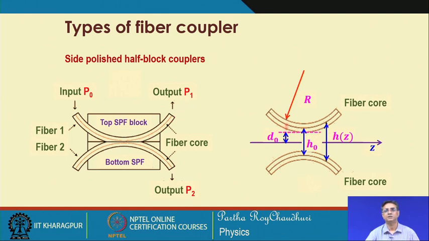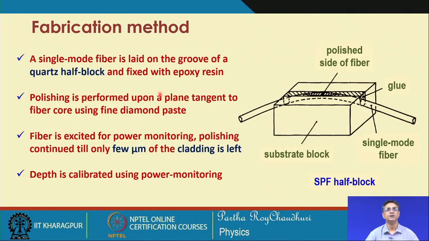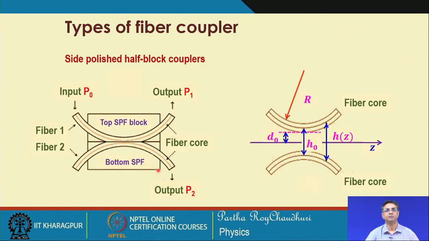This is the schematic of the system, which helps to calculate the coupling coefficient, the strength of coupling, the power splitting, etc. This is the overall schematic of the system.